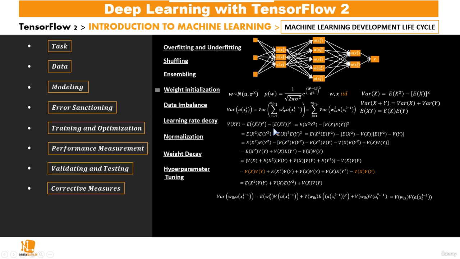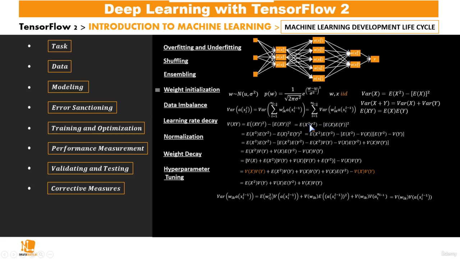The reason why we're able to write this is because since these two are independent, the expectance of xy is the same as expectance of x times the expectance of y. This is when the two variables x and y are independent, and that's based on the assumption we made earlier. So we have expectance of xy equals expectance of x times expectance of y, and all of this square.